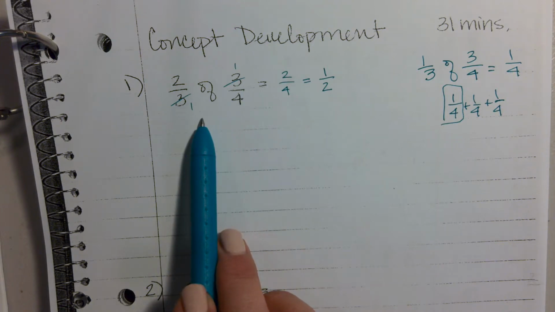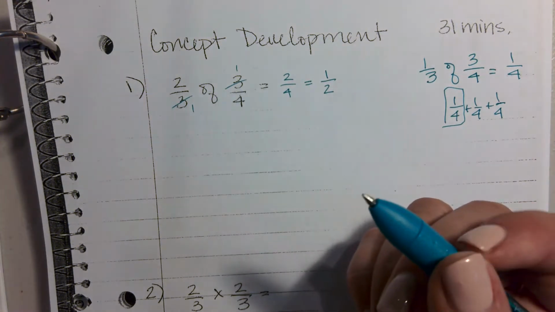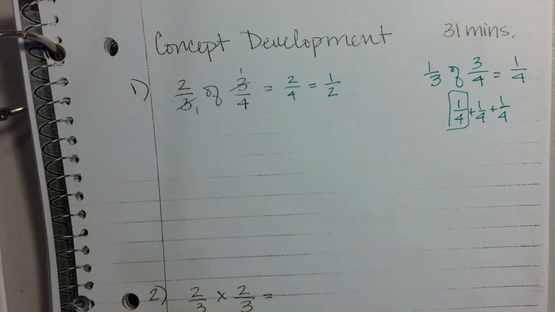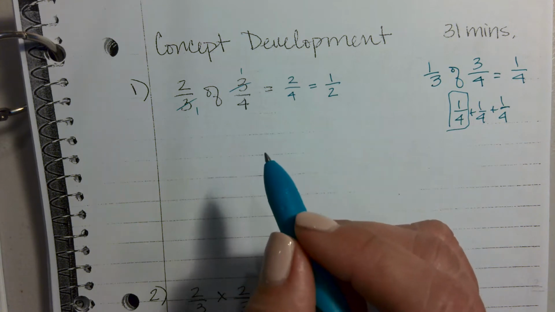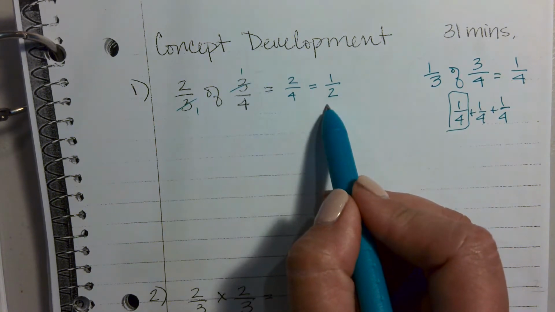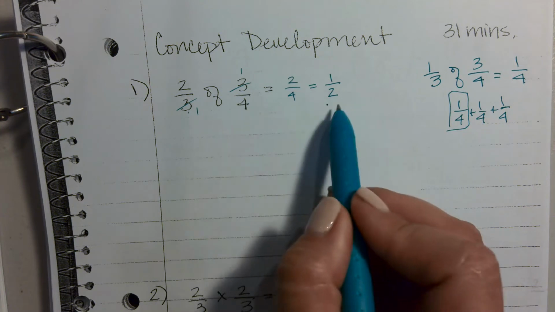So 1/3 of that would be 1 part, or 1/4. So we want 2/3 this time. So that is 2 parts, or 2/4. So name 2/4 using halves. 1/2, right? So 2/3 of 3/4 is 1/2.